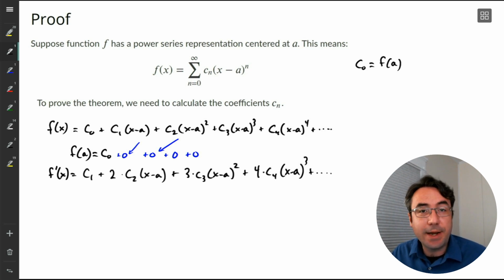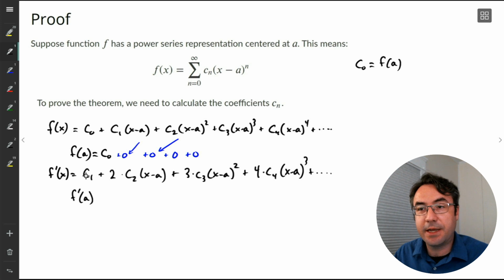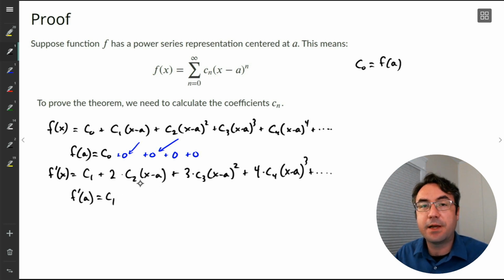And same trick, now that we have this derivative, let's plug a in. When I plug a everywhere into this power series representation, c1 is a constant, so I'm going to get a c1. But then when I plug a in here, I'm going to have a minus a, which is 0.